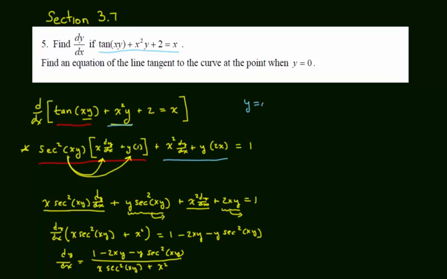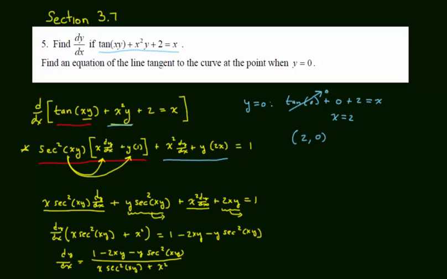So if y equals 0, I'm going to substitute in the amoeba. So I have the tangent of 0 plus 0 plus 2 equals x. And the tangent of 0 is 0, so that is going to lead me to x equals 2. And the point then is (2, 0).